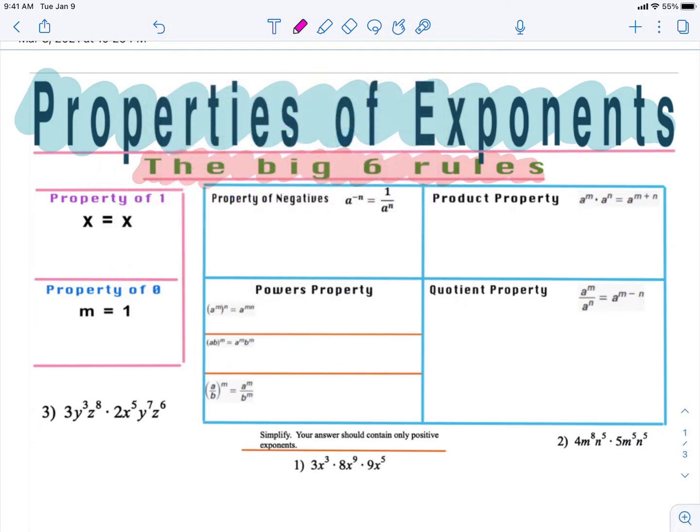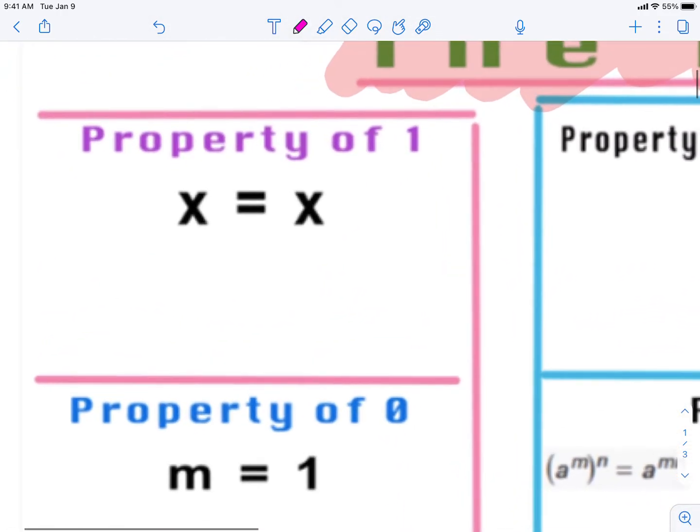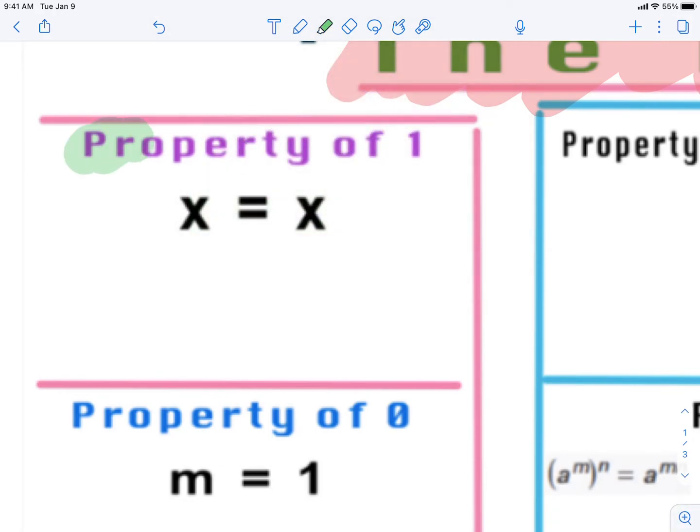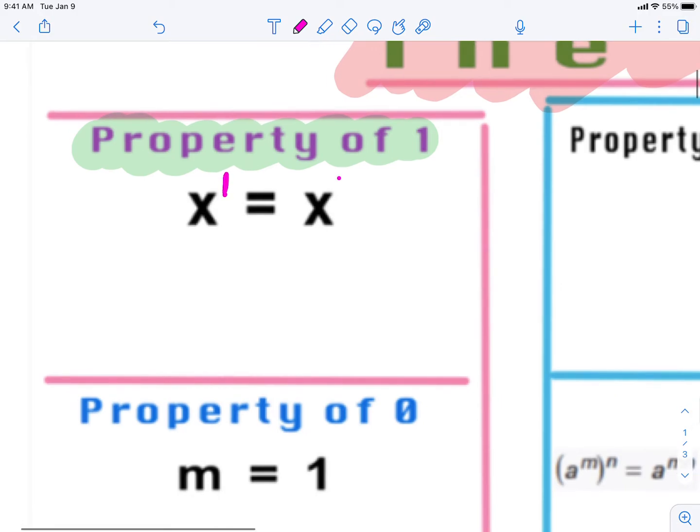The first rule that we're going to learn is called the property of 1. Right? So let us highlight that. This is called the property of 1 because whenever you have an exponent that's 1, x to the power of 1 is just x.